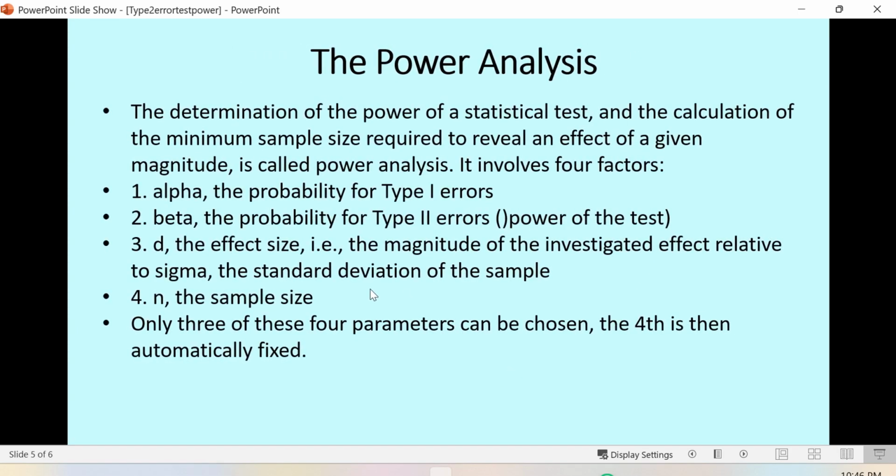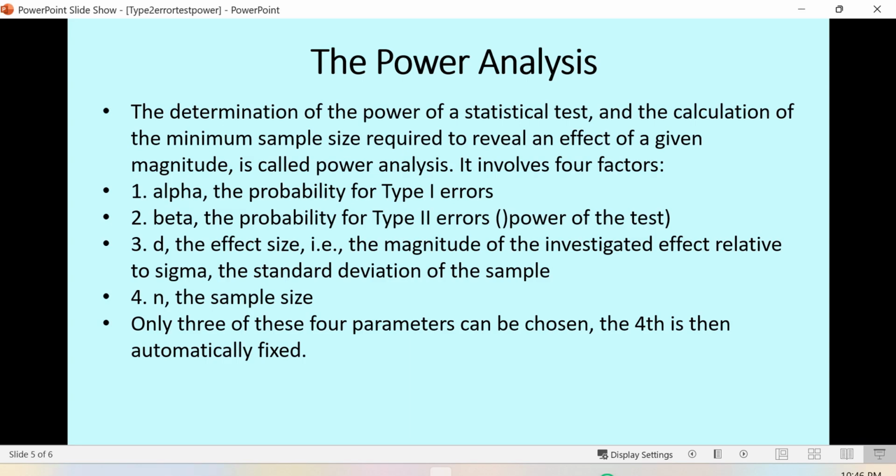So determining the power of a statistical test and calculating the minimum sample size required to reveal an effect of a given magnitude is called power analysis. This statement includes 4 factors. The first is alpha, which is the type 1 error we have seen, which means we reject a true null hypothesis.